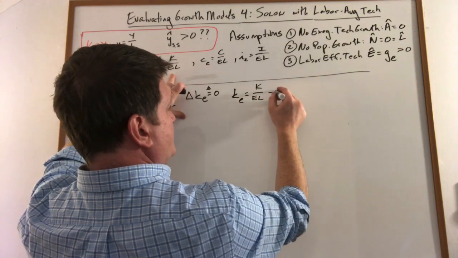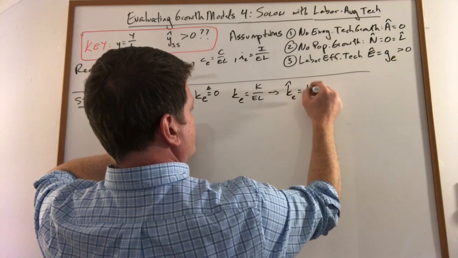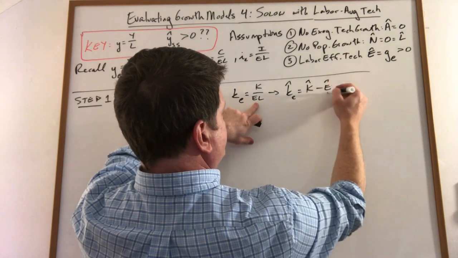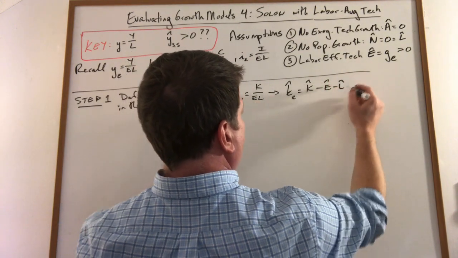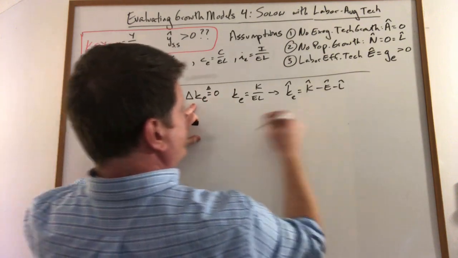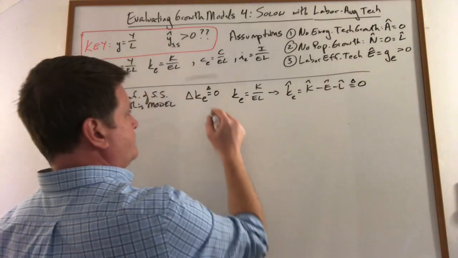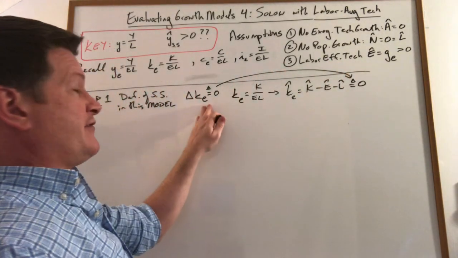We convert into growth rates. You could think of this as K hat minus E hat minus L hat. Now, the definition of this is that this whole thing has to be 0. Okay? That's the definition of steady state.